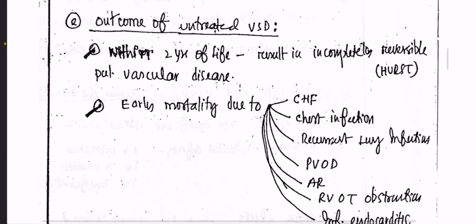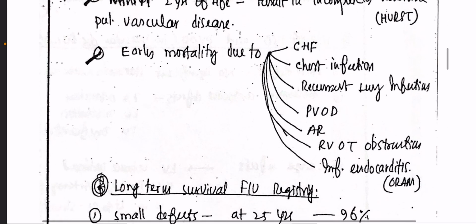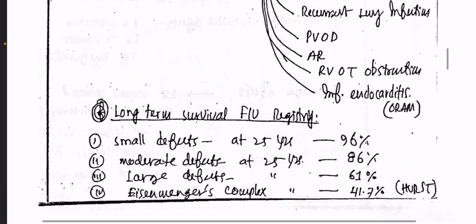Now, outcome of untreated VSD: within 2 years of life, incomplete reversible pulmonary vascular disease, early mortality due to congestive heart failure, chest infection, recurrent lung infection, pulmonary vascular obstructive disease, aortic regurgitation, RVOT obstruction, infective endocarditis.